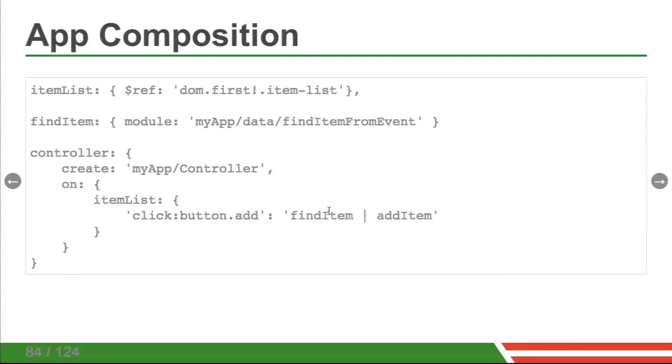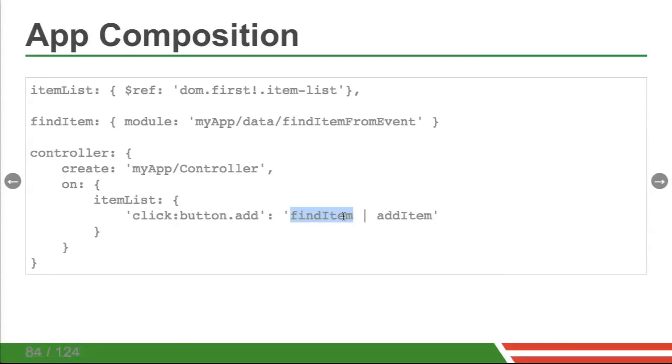And then down here in our controller, we can actually pipeline functions and methods together. If you're familiar with functional programming, this is essentially function composition. We're saying when a click event occurs on the button inside the item list, call this function. The function will be called with the DOM event because that's what caused us to react in the first place.